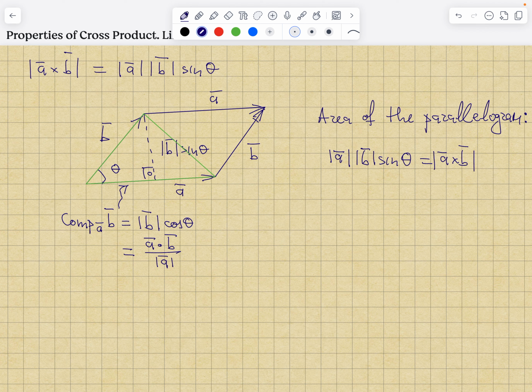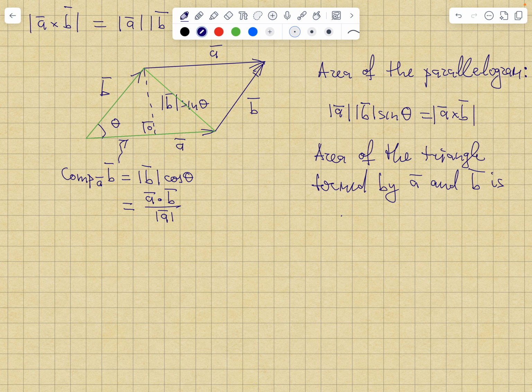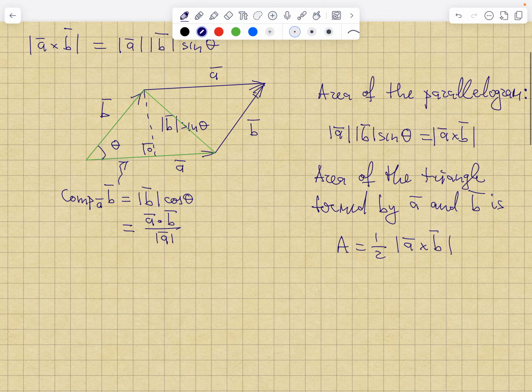So the area of the triangle formed by two vectors A and B is equal to 1/2 magnitude of A cross B. So that shouldn't be that complicated.